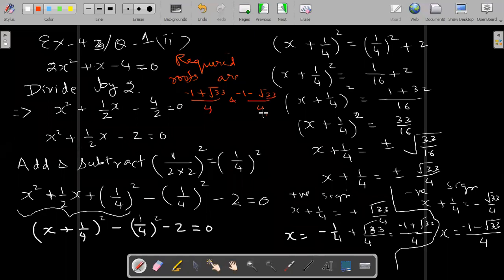So like this, you can make the perfect square and solve it.